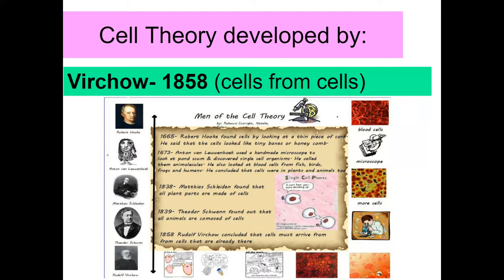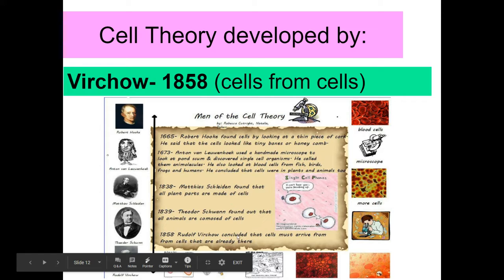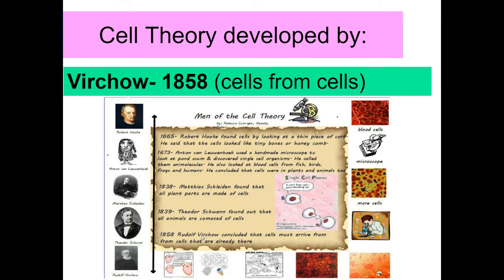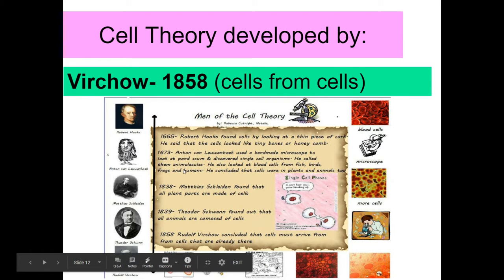So if you remember, a theory is something that is supported by lots of evidence from several different scientists. And as you can see here, we have lots of evidence, and we have 1, 2, 3, 4, 5 scientists, and others that probably never got mentioned. So remember the difference between a theory that we use in everyday language and a theory in science.